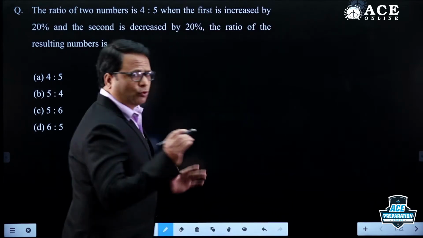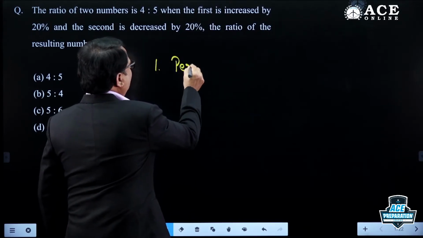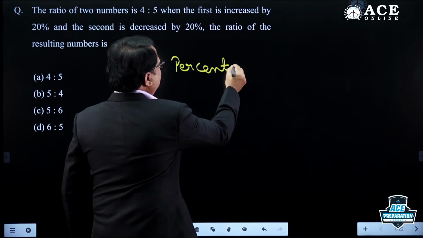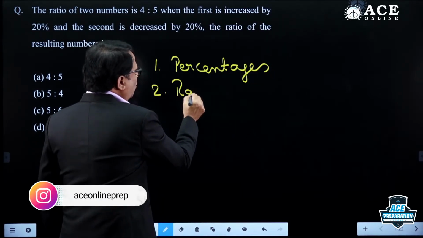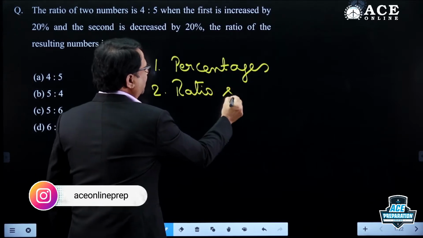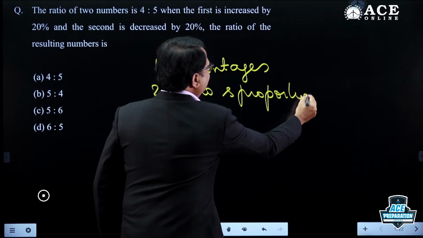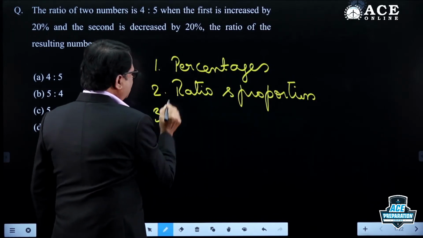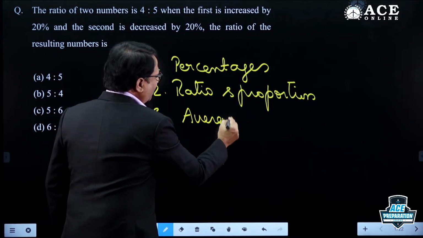The first out of those 4 basic areas is percentages. And second one is ratio and proportion. The third one is averages.